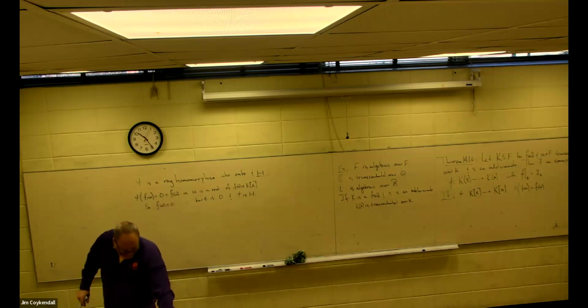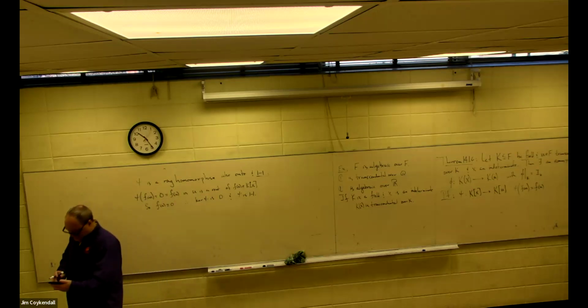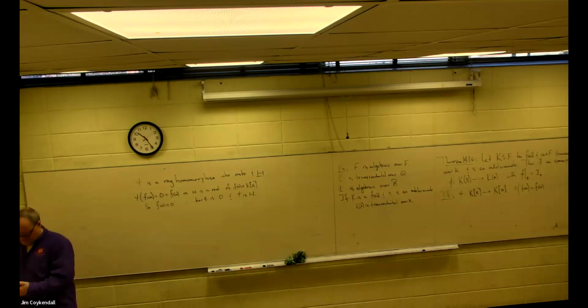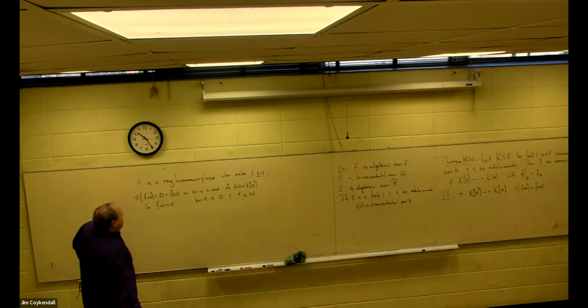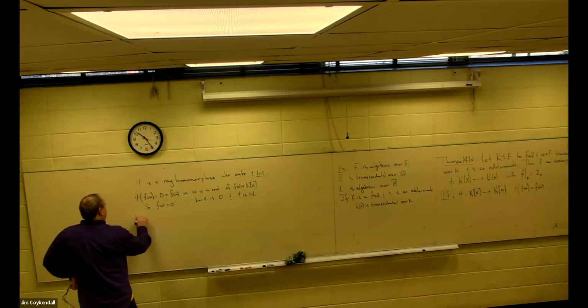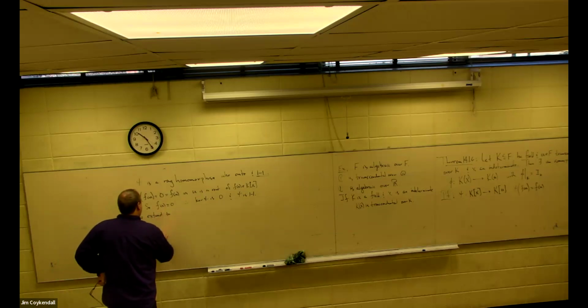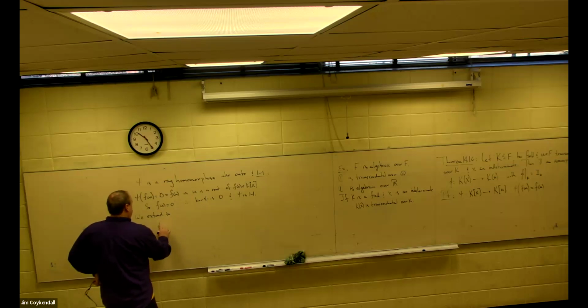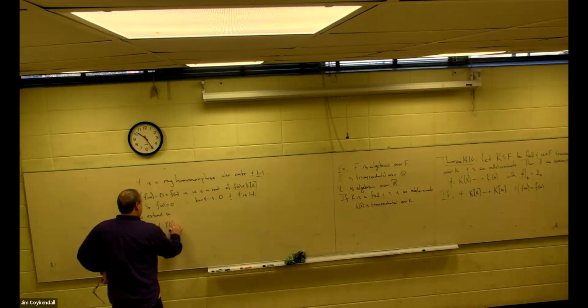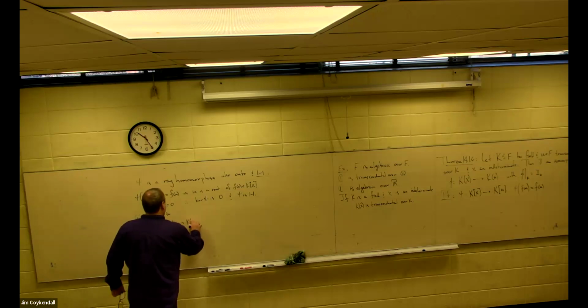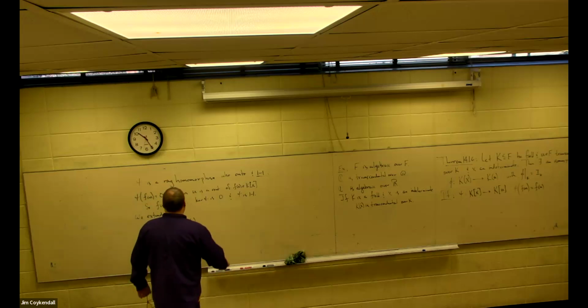now because of all this, I can extend this. So we extend phi from K(x) into K(u) via phi of f of x over g of x equals f of u over g of u.